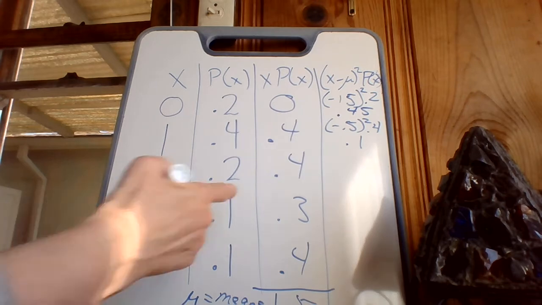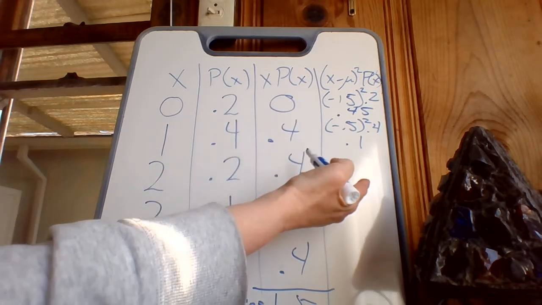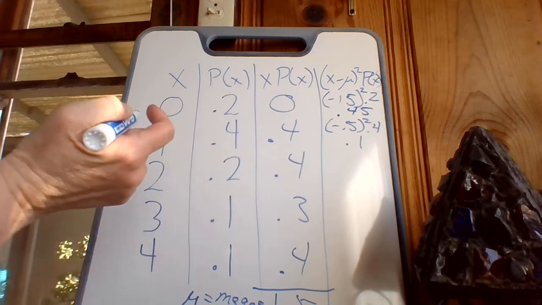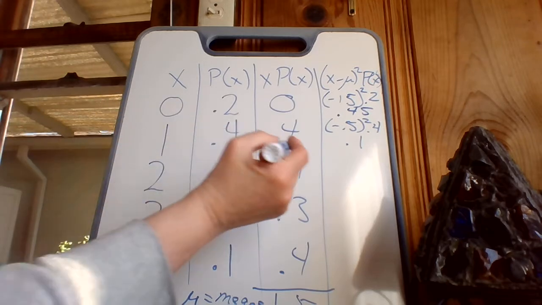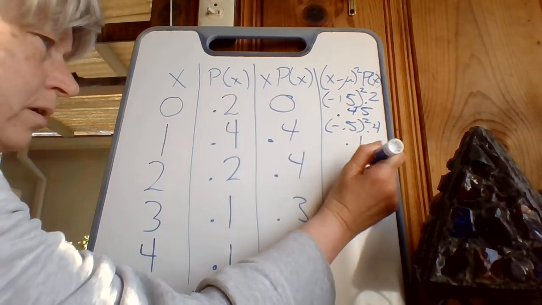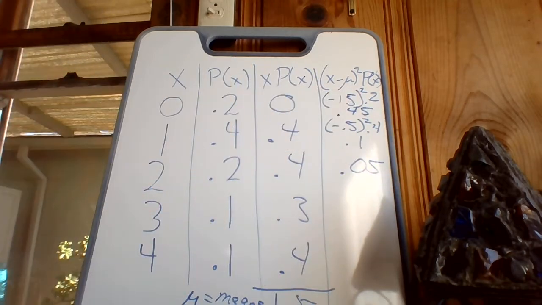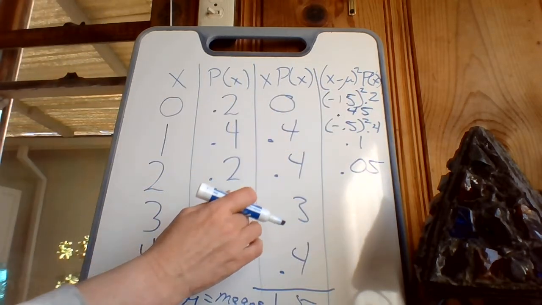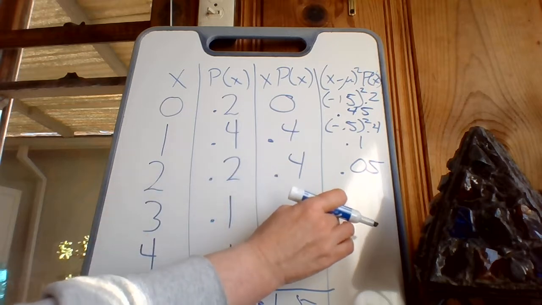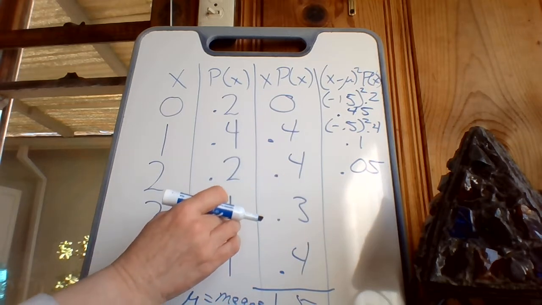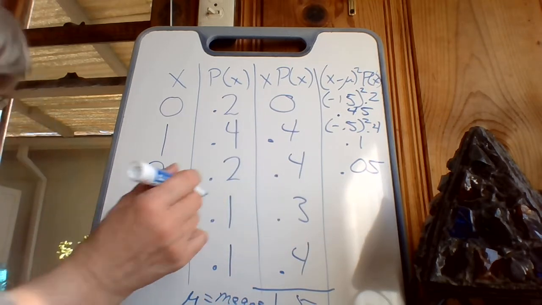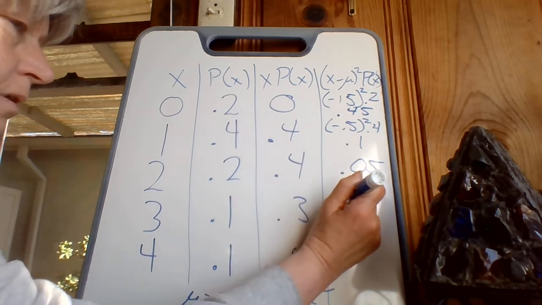And then I go on down, this will be 0.5 squared times 0.2, that's 0.05. Three minus 1.5, 1.5 squared times 0.1 is 0.225.